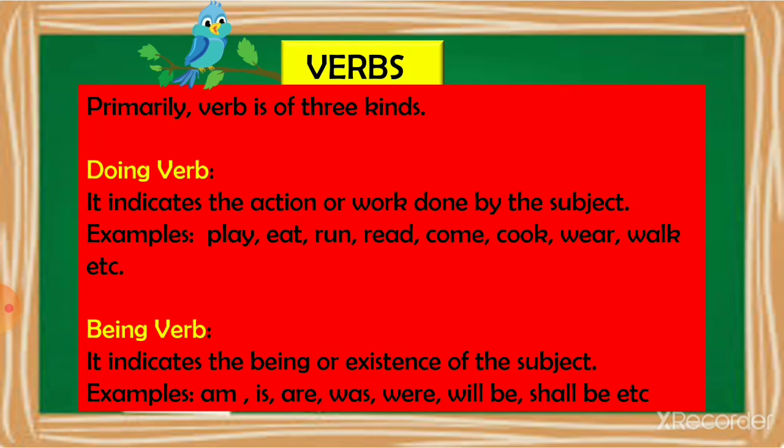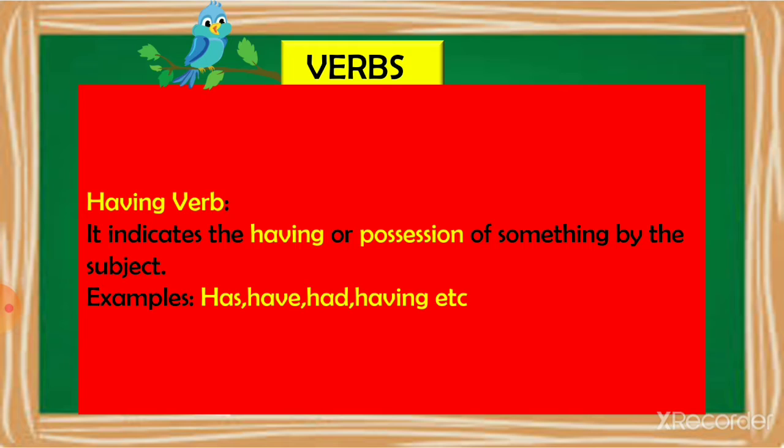Examples: am, is, are, was, were, will be, shall be, etc. And the third one is the having verb. It indicates the having or possession of something by the subject. Examples: has, have, had, having, etc.